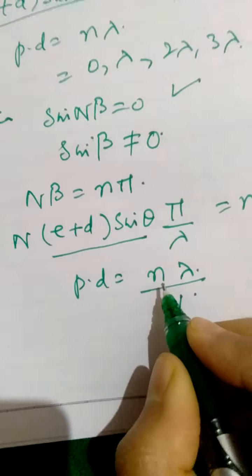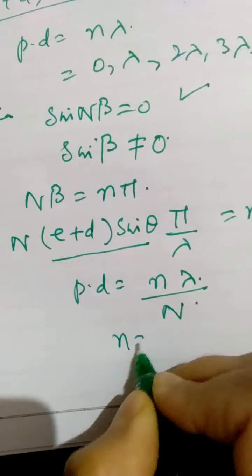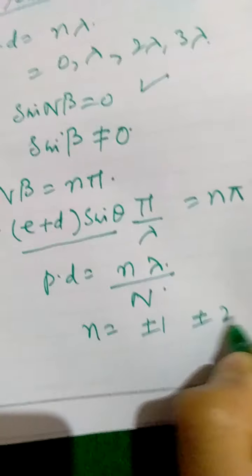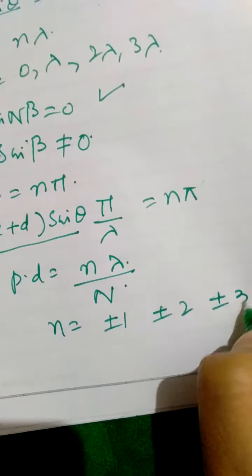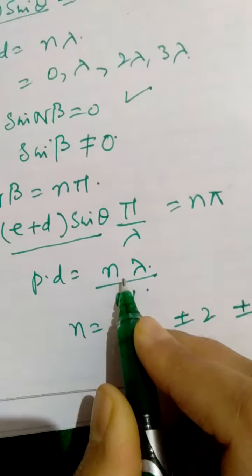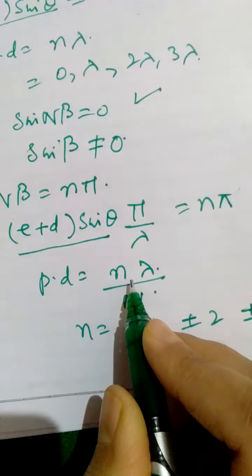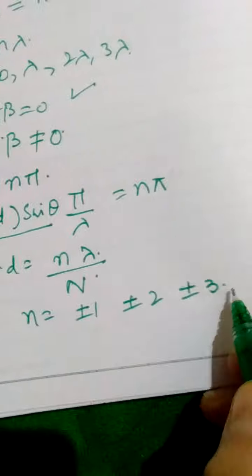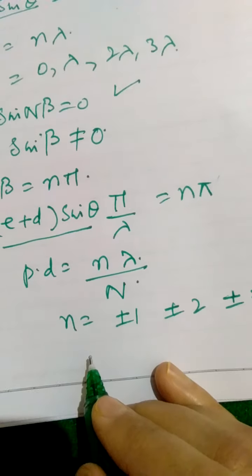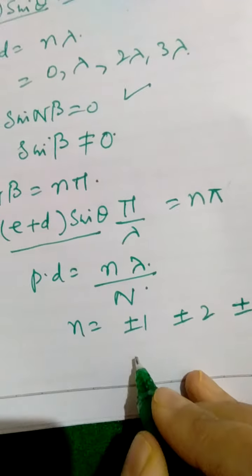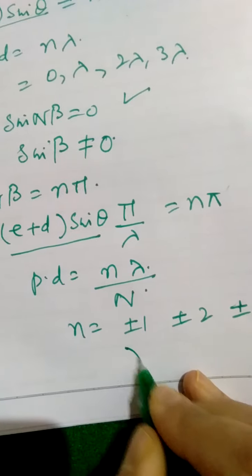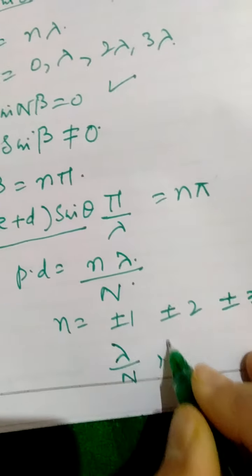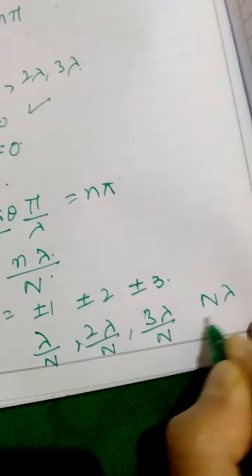Now to this n you can keep on giving values, that n is plus minus 1, plus minus 2, and I have told you that we cannot give n equal to 0, because n equal to 0 is already defined for the principal maxima. We can start giving values plus minus 1, plus minus 2, plus minus 3, and so on. As you keep on giving values, you get the path difference equal to λ by N, 2λ by N, 3λ by N. But you cannot choose a condition like Nλ by N. Why?